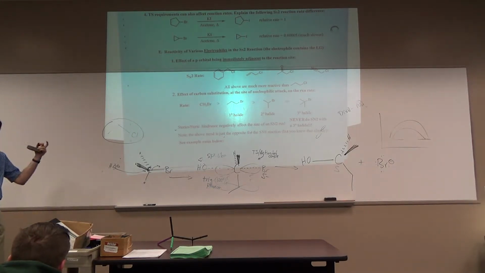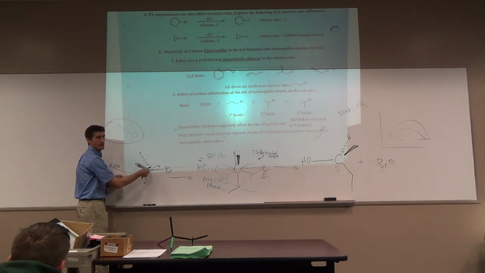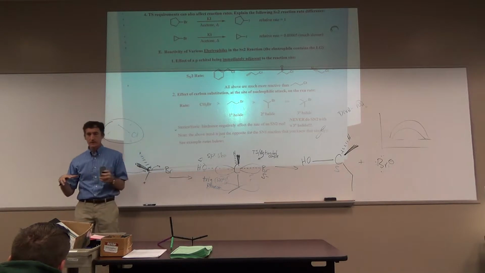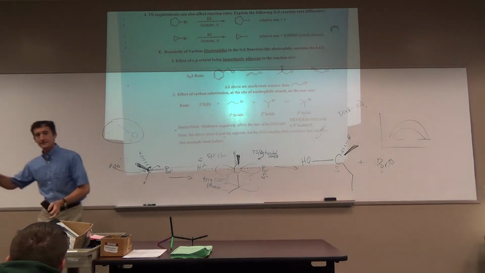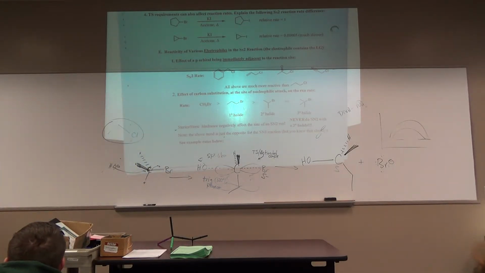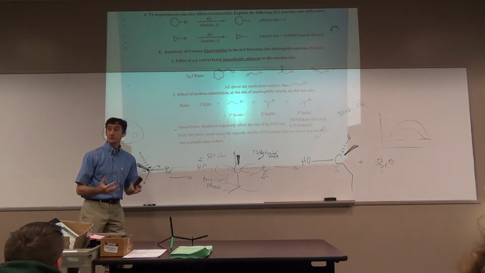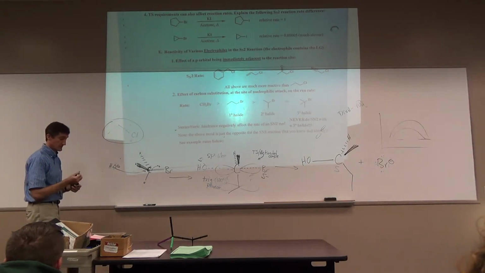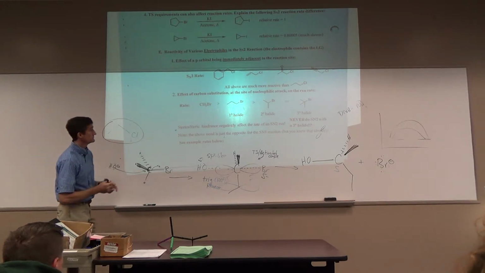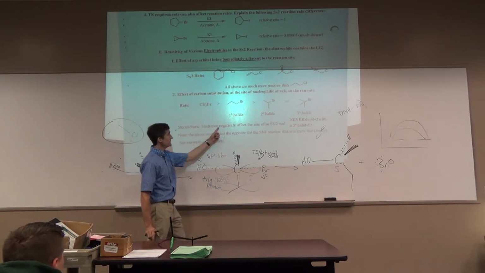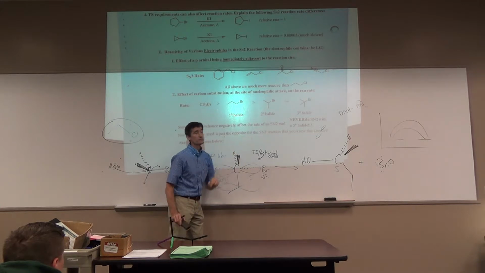The more substitution you have around the carbon, the more difficult the nucleophile is going to be able to get in there. Hold on, I can't get in there. There's too much in the way. This is called sterics. Steric hindrance. Steric hindrance negatively affects the rate of an SN2 reaction.